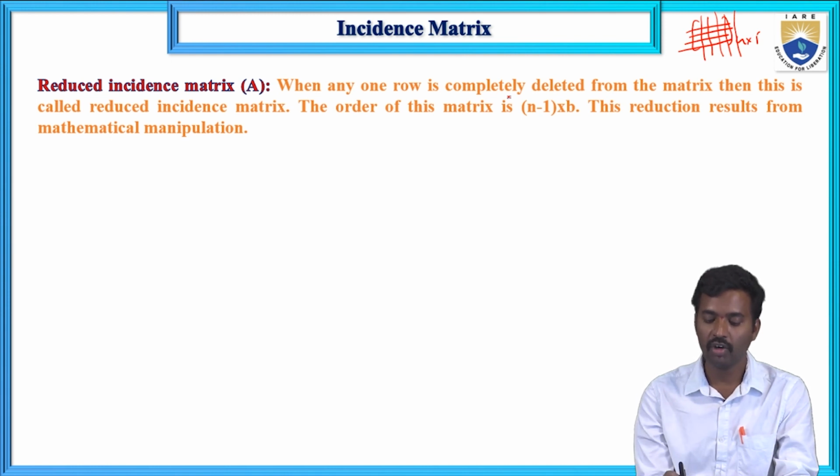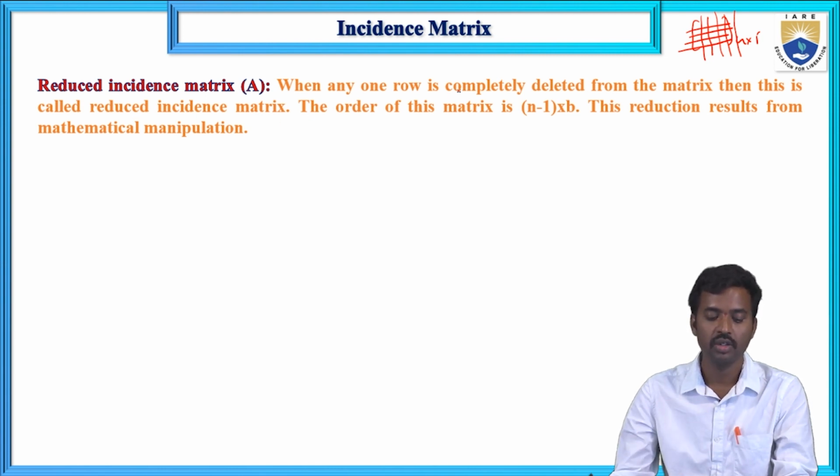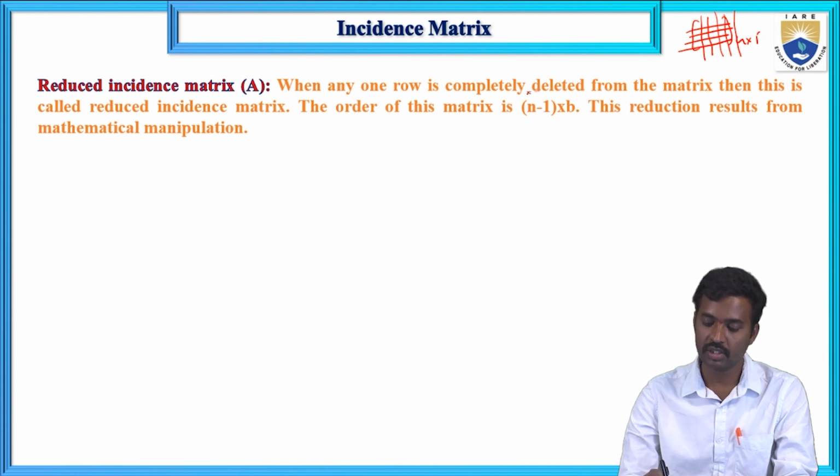If any one row is completely deleted from the matrix, then that matrix is known as the reduced incidence matrix. It can be obtained by matrix manipulations.